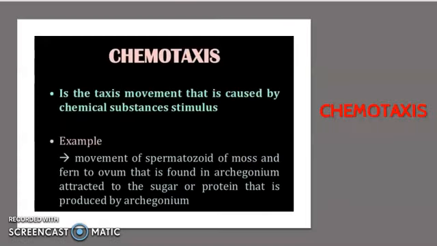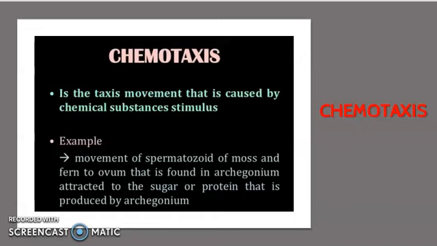Now we move to the next slide about chemostasis. Chemostasis is the second type of axis movement in plants, the movement of an organism in relationship to a chemical agent. So chemostasis involves the movement of a plant towards or away from certain chemicals. Such a chemical can act as a chemoattractant or as a chemorepellent.